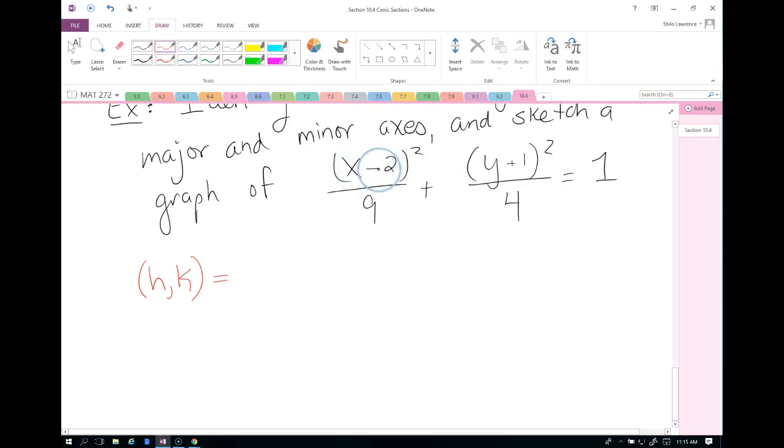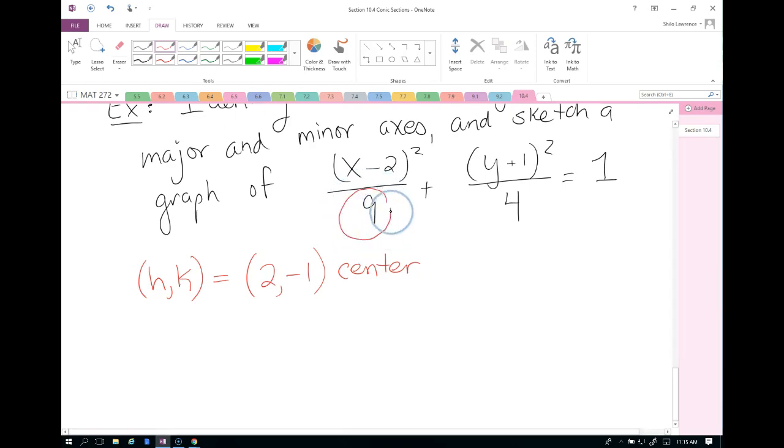So even though we see x minus 2, we pull out a positive 2 because the formula has subtraction in it. And when we see y plus 1, we're going to pull out a negative 1 because the formula has subtraction. The only way our subtraction could have turned into addition is if we were subtracting a negative. So this is our center. This ellipse is centered at 2, negative 1.